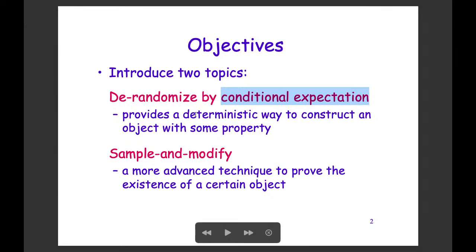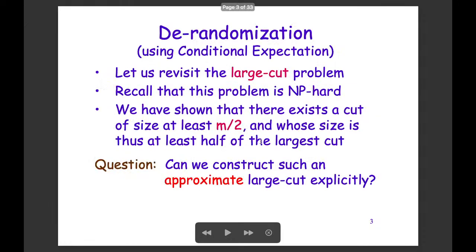So here we are going to use this to give us a deterministic way to construct a certain object with some property. So we use the large cut problem. At this moment, what we know is that we can find a cut that has size m/2 or more.